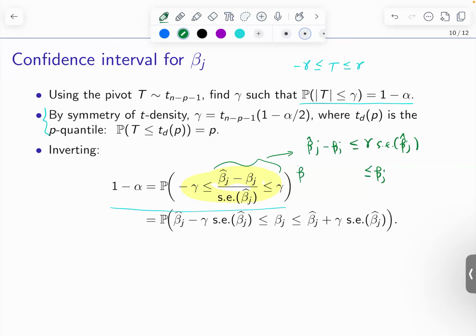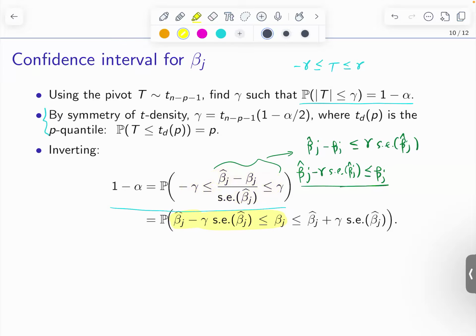So I get beta hat j minus gamma times the standard error of beta hat j is less than or equal to beta j. So this gives me that inequality.